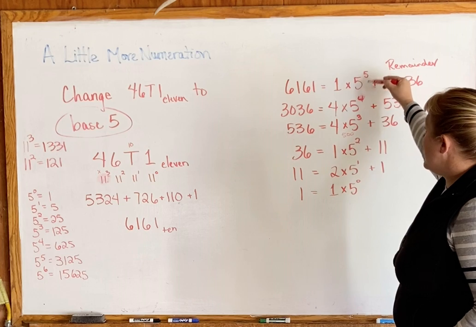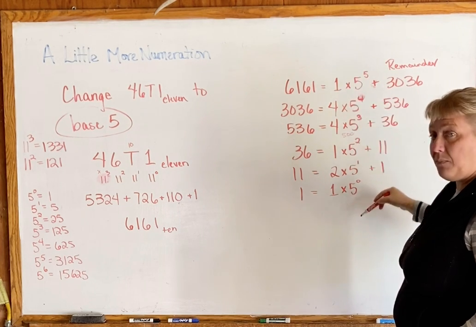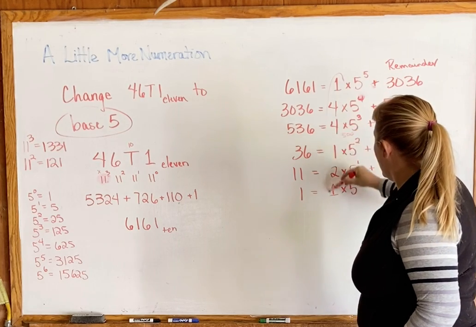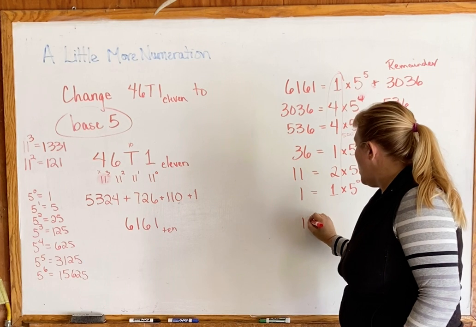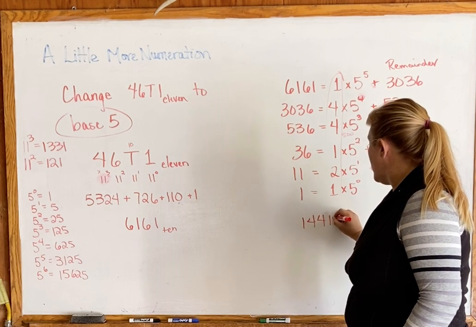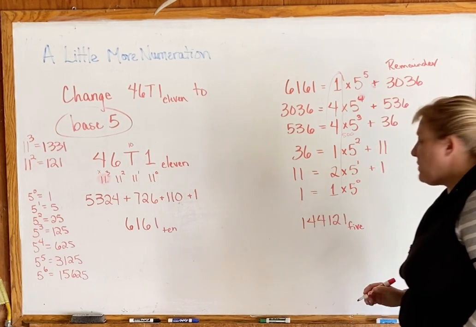Now remember, we need to have all of these numbers, 5, 4, 3, 2, 1, 0. Do not skip any of them. And once we've got them, remember that the answer there is vertical. So 1, 4, 4, 1, 2, 1, and this is in base 5.